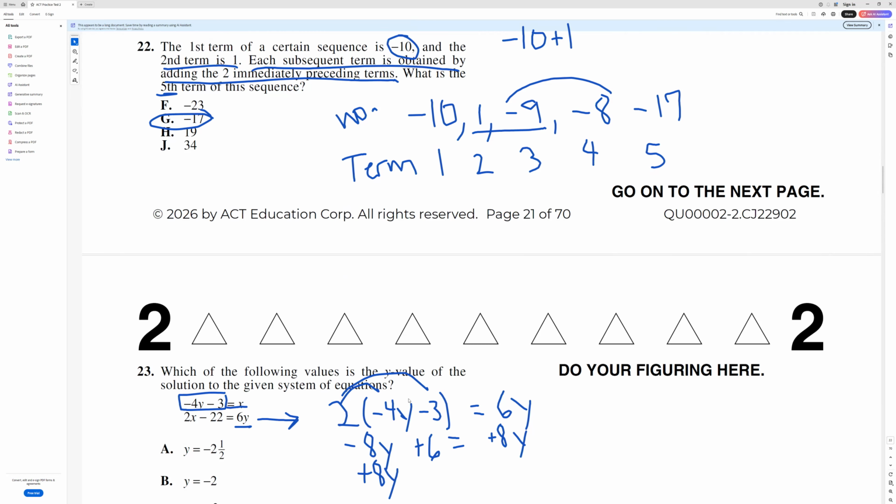Oh, where did I get the plus 6 from? There's a minus 22 right there. So minus 22.